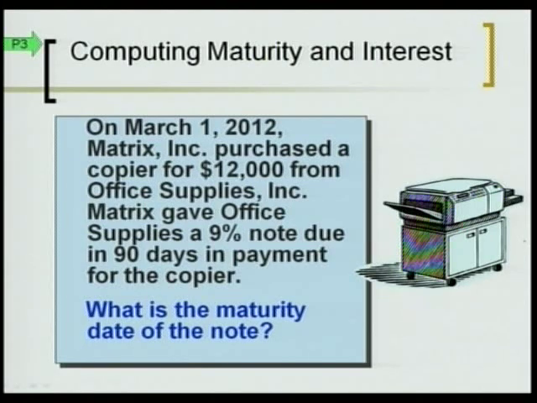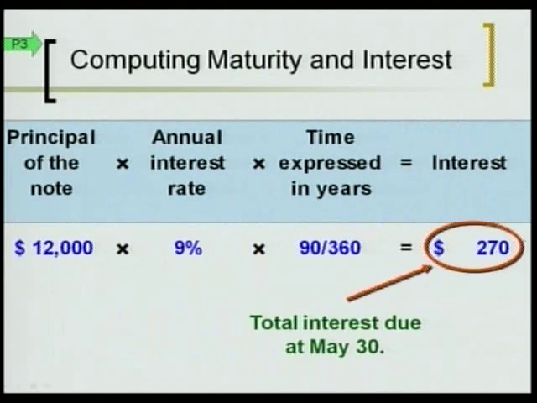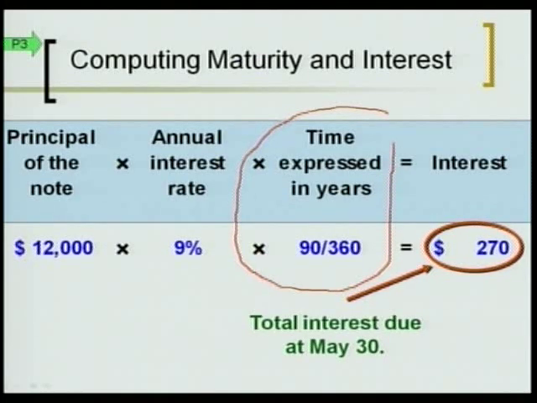How much interest is involved and will have to be repaid? Well, the principal of the note is $12,000, correct? The annual interest rate is 9%. Now we have to do this thing that students sometimes forget, but this is not complete by just saying 9% times 12,000, because this is only a 90-day note.